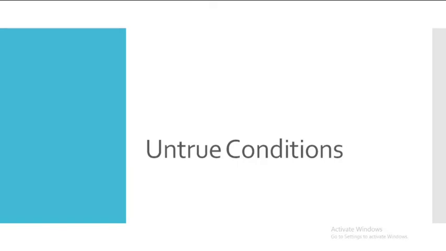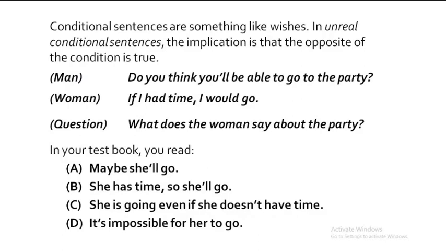Next, about untrue conditions. Conditional sentences are something like wishes. In unreal conditional sentences, the implication is that the opposite of the condition is true. Look at the example. The woman said, "If I had time, I would go."